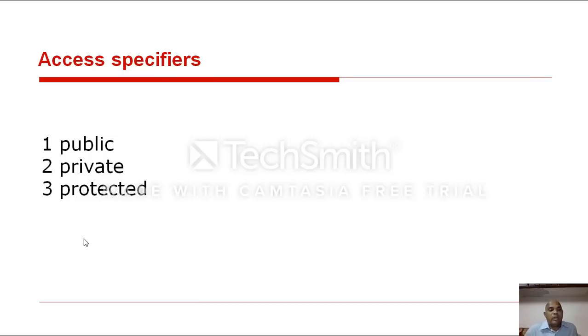Protected variables of one class act privately in another class. We will learn this in the fourth unit, on inheritance concepts. Protected variables are used in inheritance concepts. These three are the visibility modes.